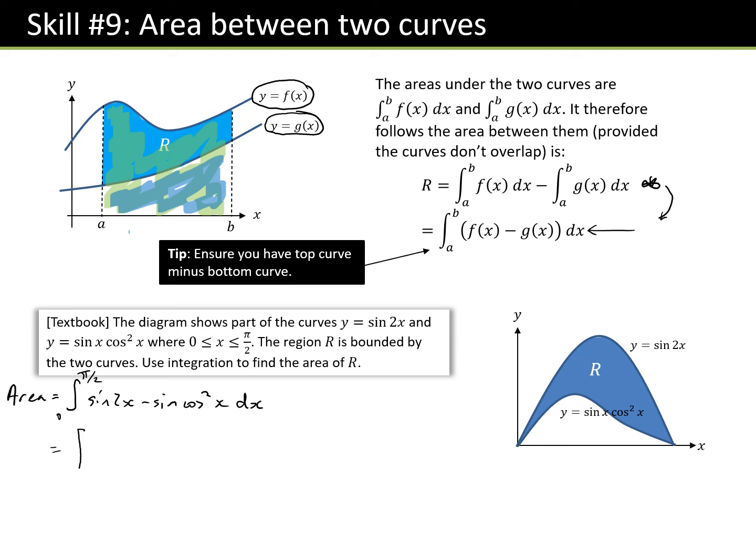So imagine if this was just x instead of 2x, sin x integrated is minus cos x. If you integrate sine, it changes sign. But because this isn't just x on the inside, it's 2x, you need to divide by the differential of the inside of the brackets. Okay, so this integrated is this.